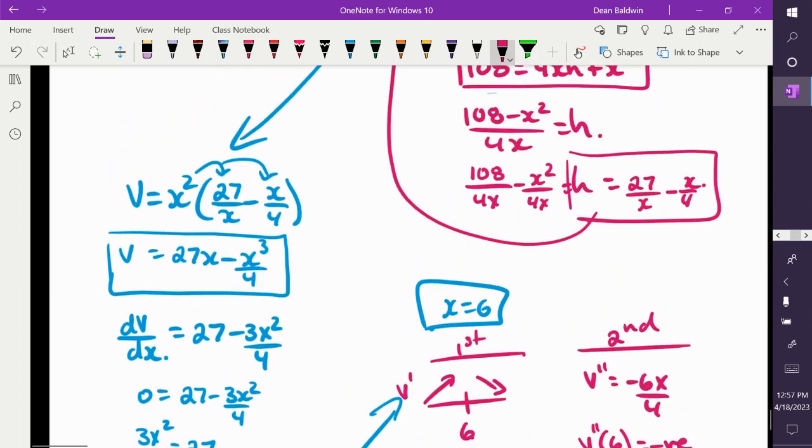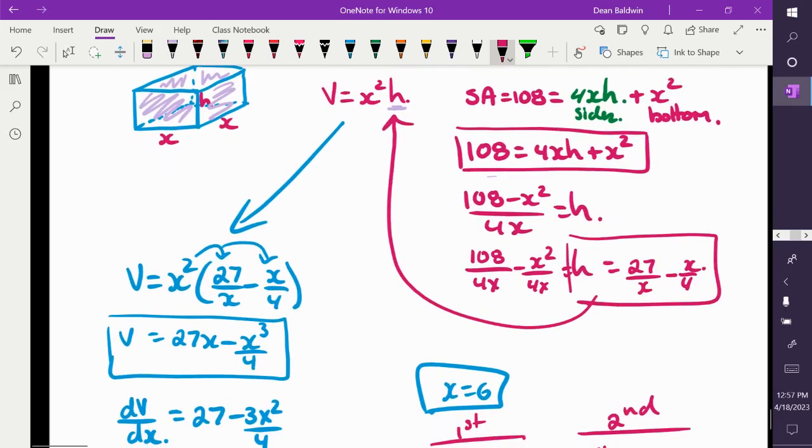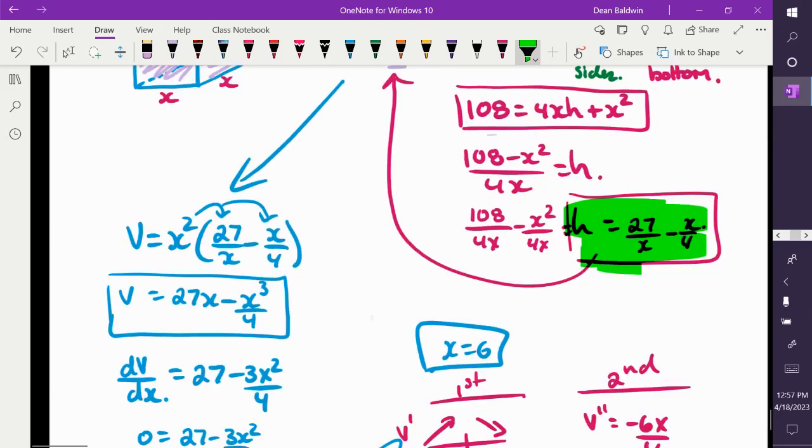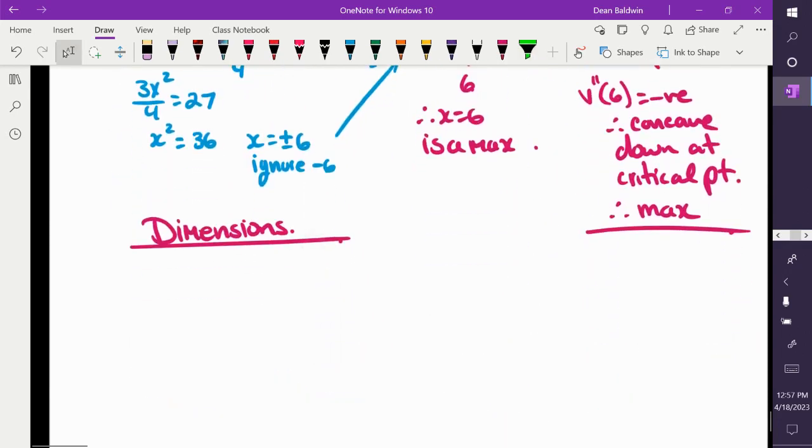Just use the formula for h. H is equal to 27 over x minus x over 4. What was it? 27 over x minus x over 4. So 27 over 6 minus 6 over 4.